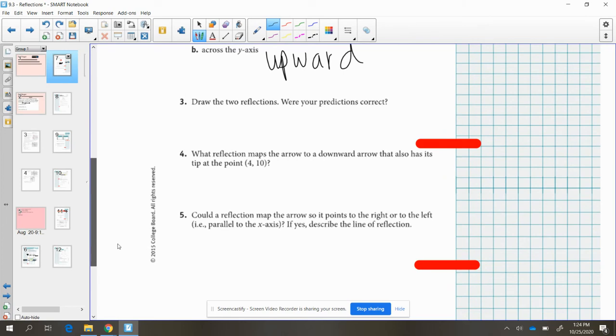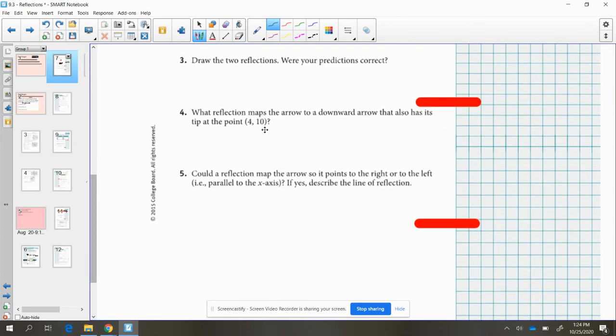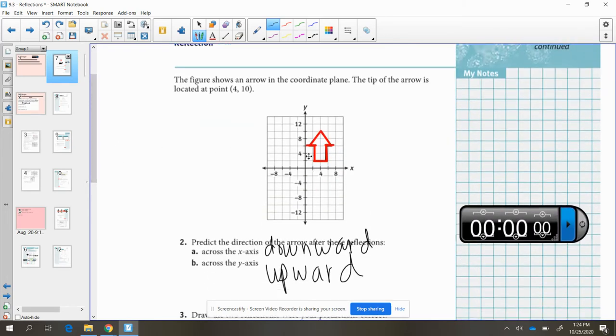Now, what reflection is going to map the arrow so that it's facing downward but still has the tip at (4, 10)? If we go back to our arrow and make it flip downward but still have the same tip here, we want to think about what kind of line it would have to reflect over.